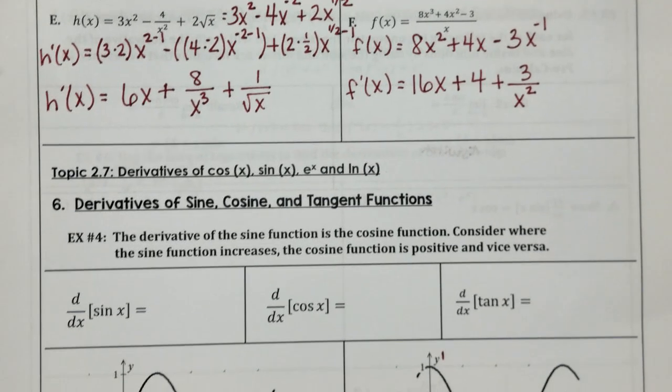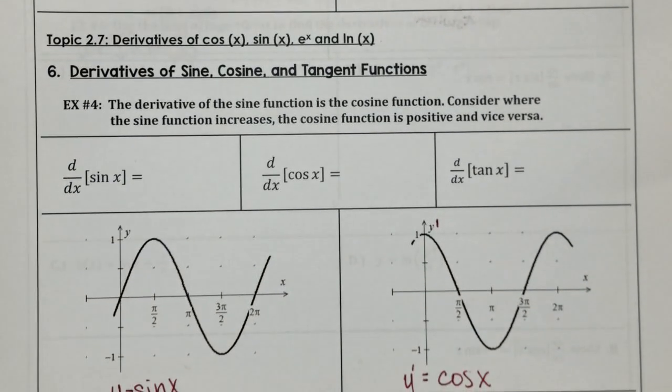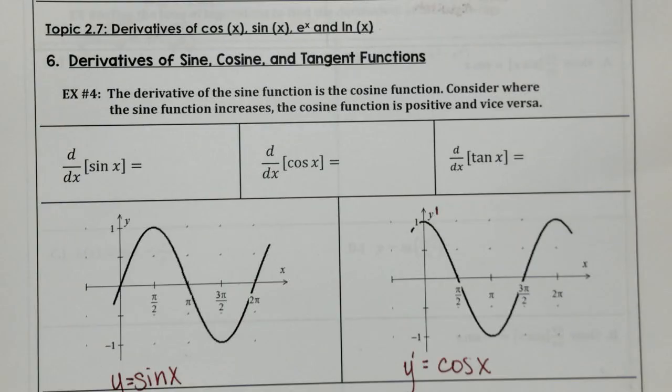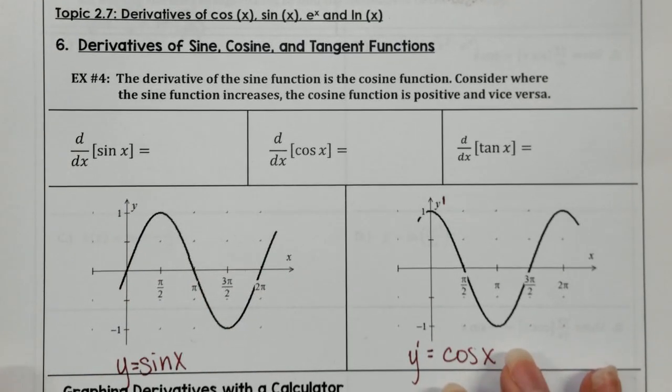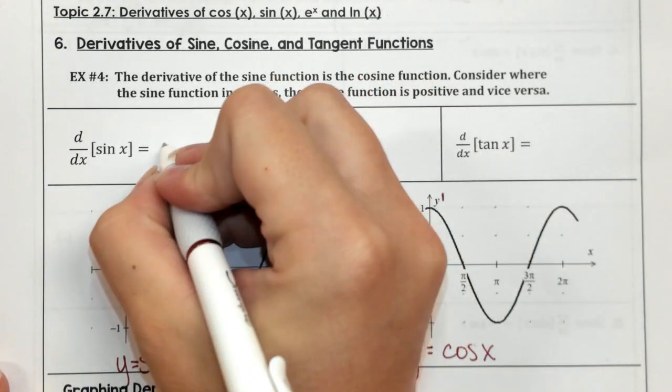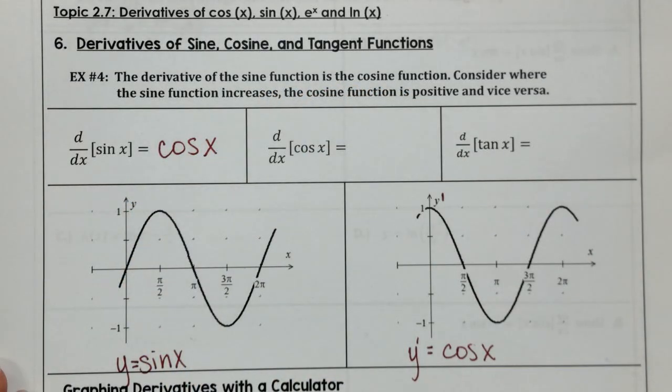Okay, so derivatives of sine, cosine, and tangent functions. I'm going to go ahead and give you the answers. Anytime that you are taking a derivative of sine of x, it will be the cosine of x. Well, we're going to prove it to you in just a minute here. Patience, Franklin.